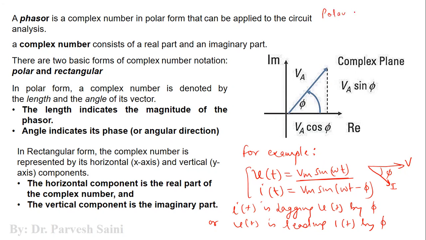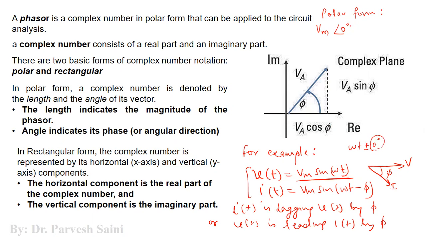So in polar form, first of all we have the magnitude, which may be the maximum value, let us say, and then we have the angle. Here in this case you can say that the angle is 0, because omega t, you can write plus or minus 0 degree.